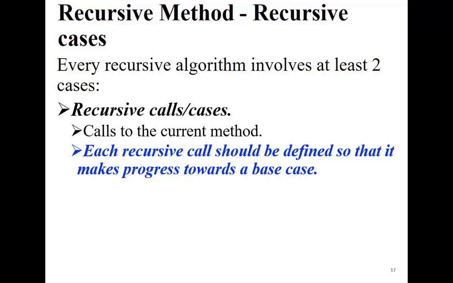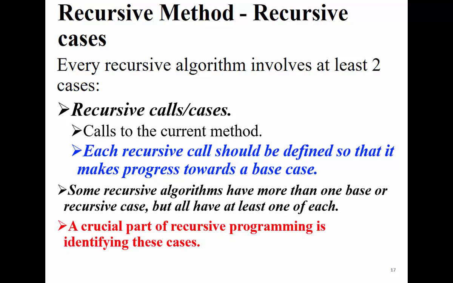In general, you should go toward the base case. You should make some progress to reach the base case. So some algorithms have more than one base case, okay? But at least one should be there. At least one recursive call should be there. The critical part of any design for a recursive method is to identify the base case and identify the recursive call.